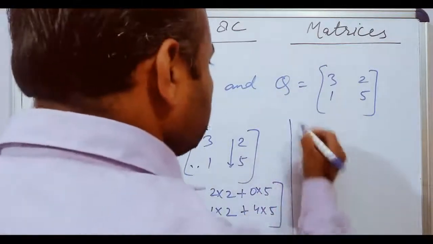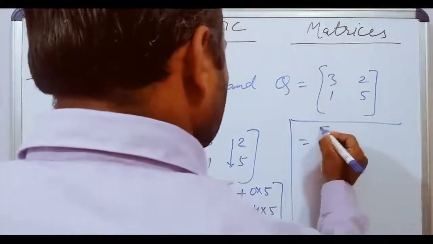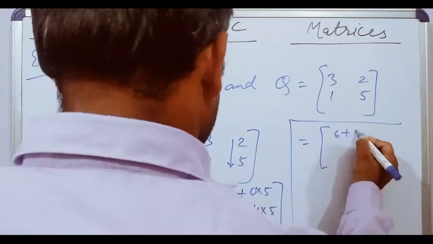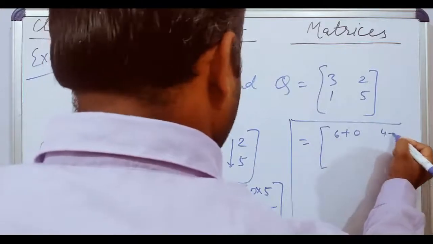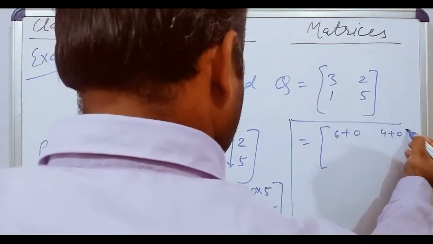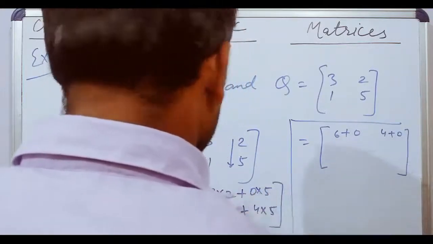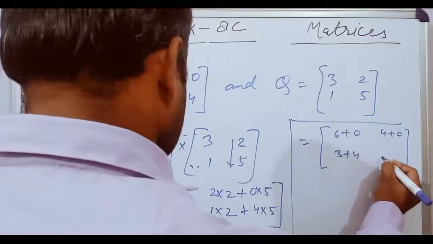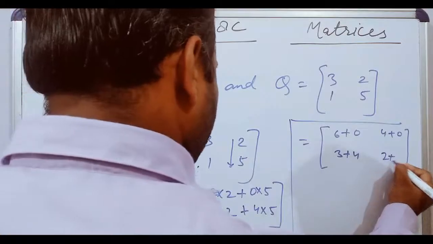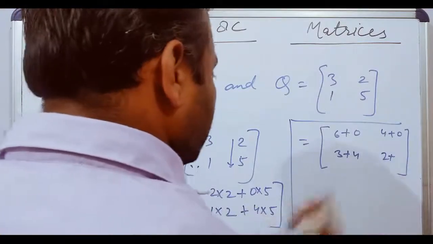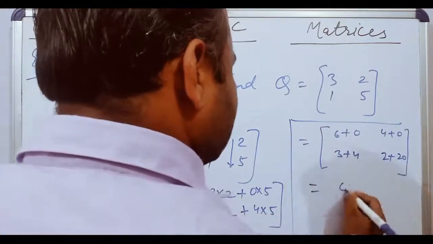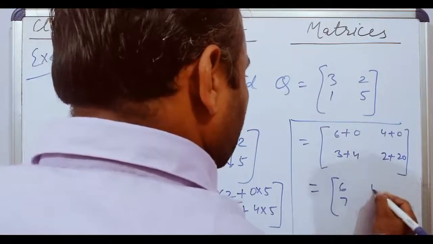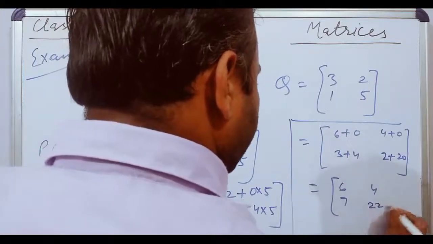Now it is equal to 6 plus 0, 4 plus 0, 3 plus 4, 2 plus 20. It is [6 4; 7 22].